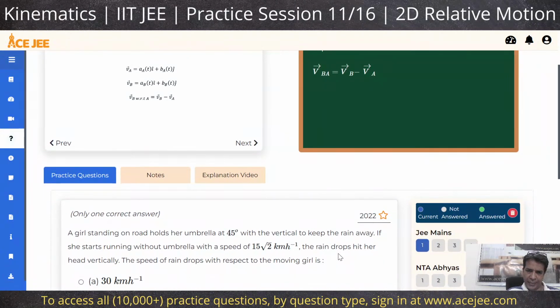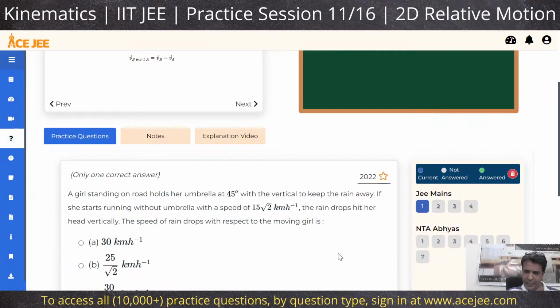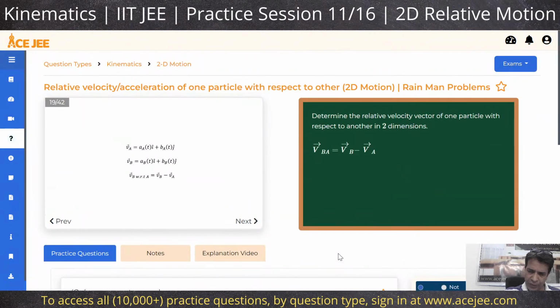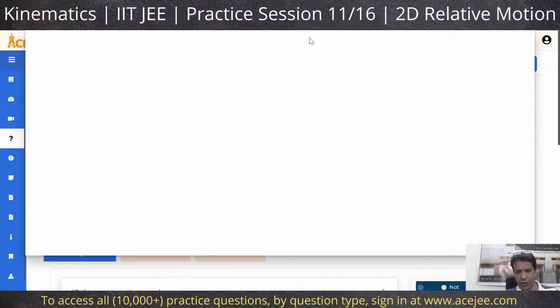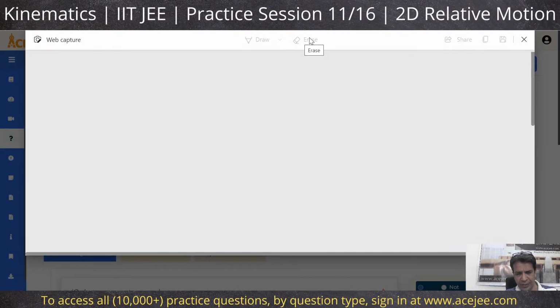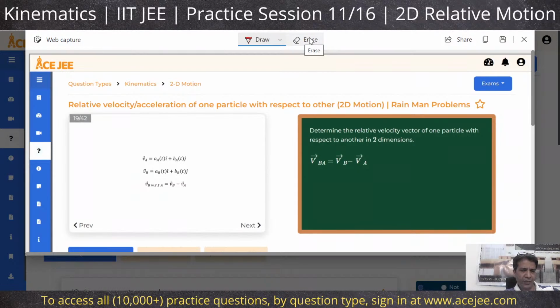So how do we do that? Let's start with the Rainman problem. We have done it, and we discussed how we approach it. That's exactly what we're trying to do here, so let me explain how that problem is essentially finding relative velocity. What do we have in the Rainman problem? We are given that the raindrops are falling downwards.